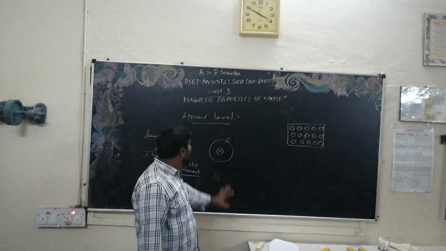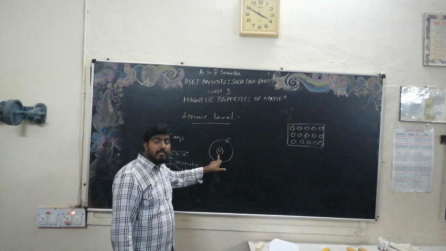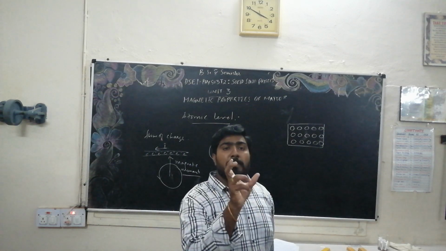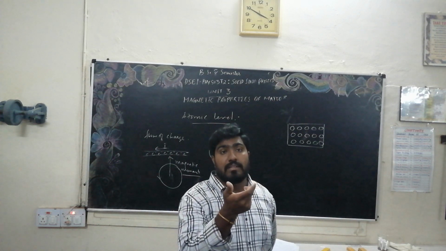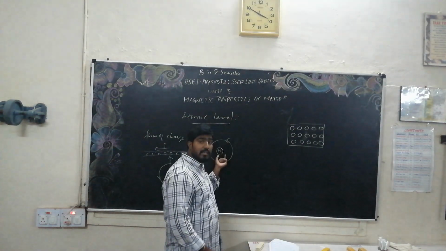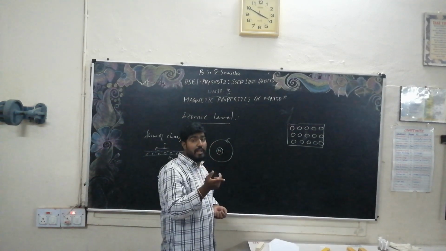So in this case, the nucleus is not at rest, it is spinning on its own axis. Even though the nucleus is at the center, it is spinning on its own axis.